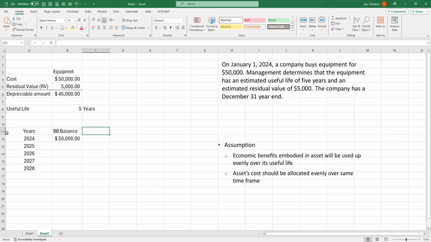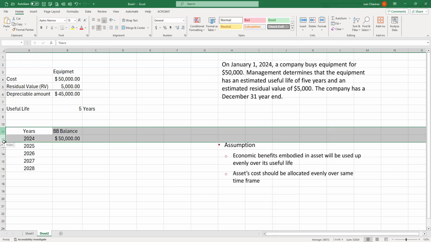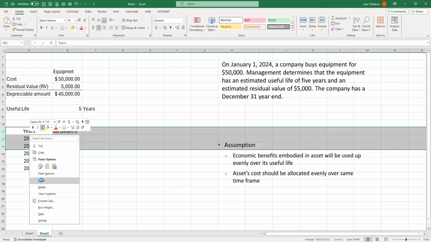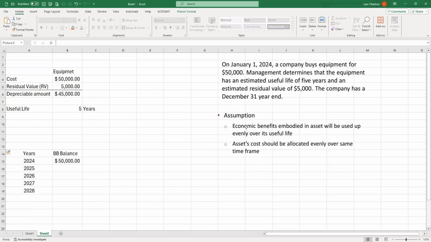Now we have to estimate how much we're gonna depreciate every year over 5 years. So if our depreciable amount is 45,000 and we have to use the asset over 5 years, our annual depreciation would be 45 divided by 5 years, and keep it the same amount, $9,000.